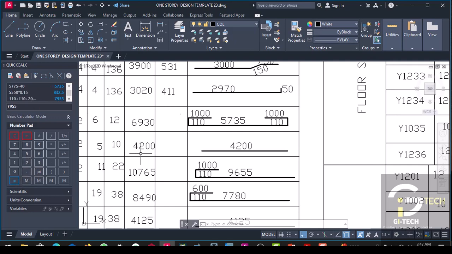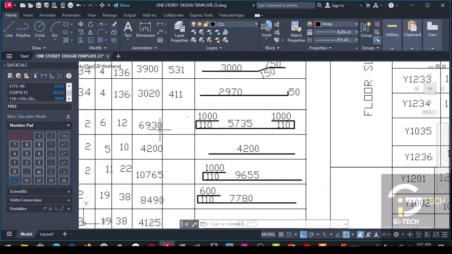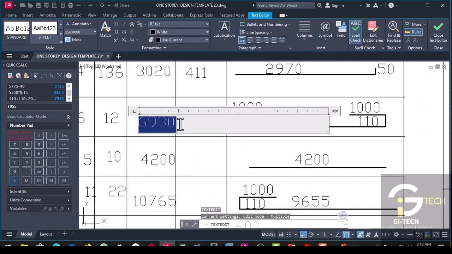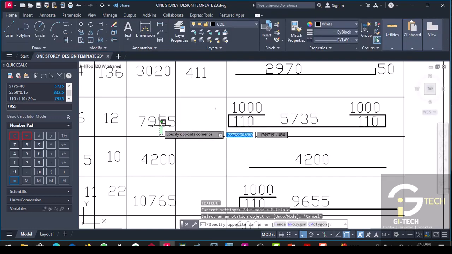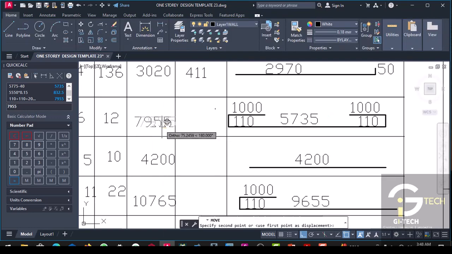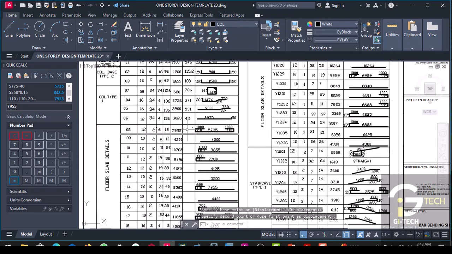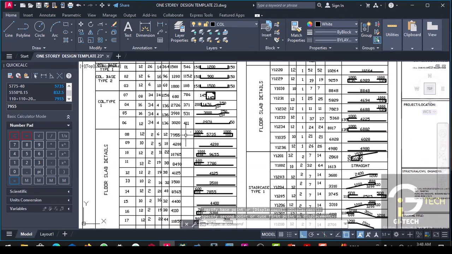So we have 7955. Okay, so let's calculate the total quantity.